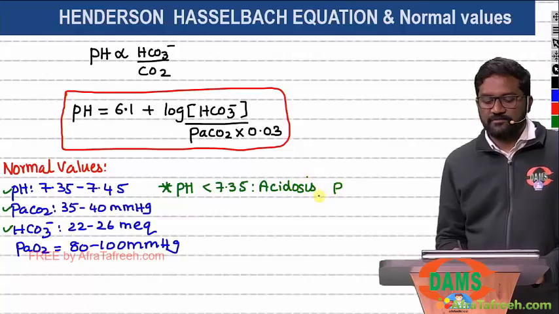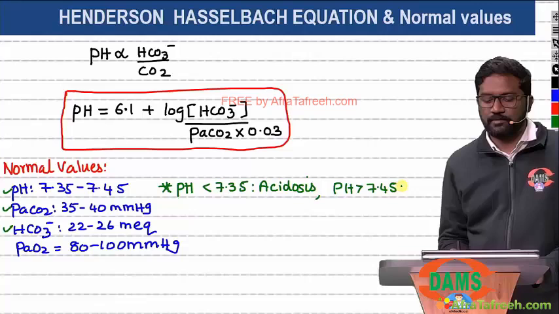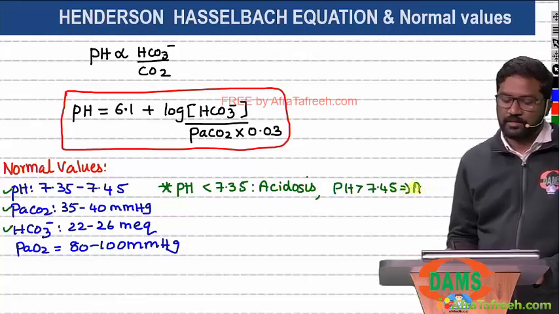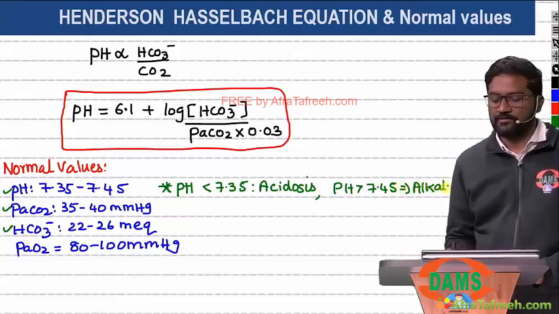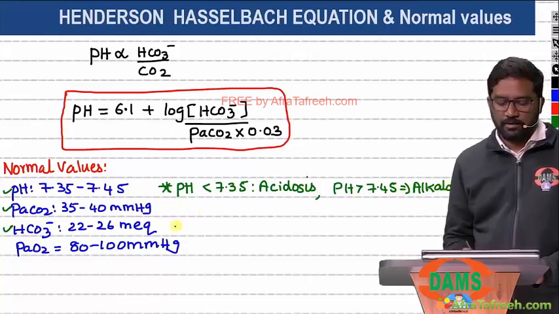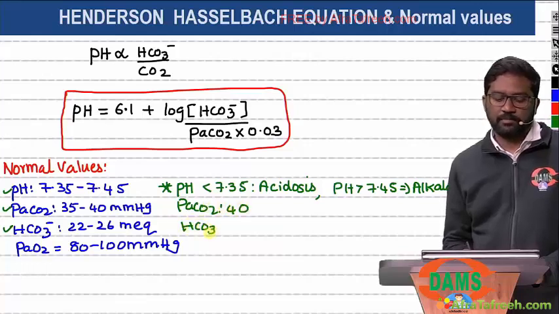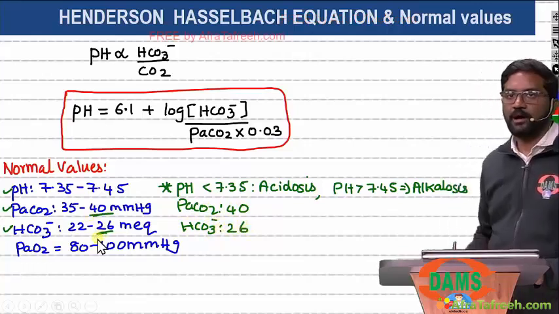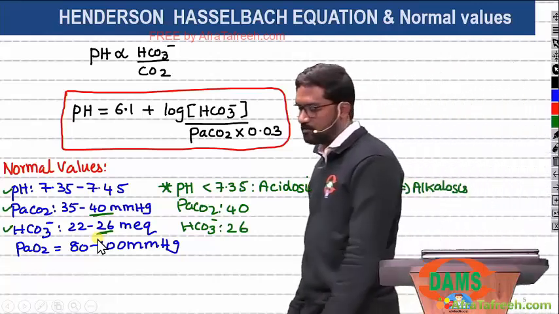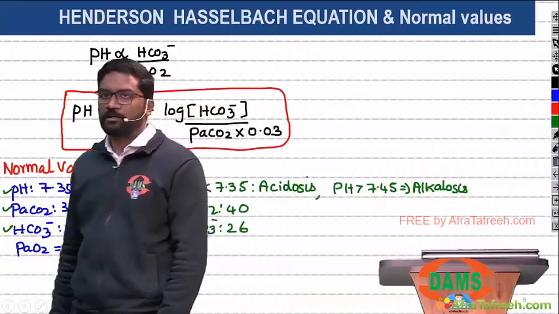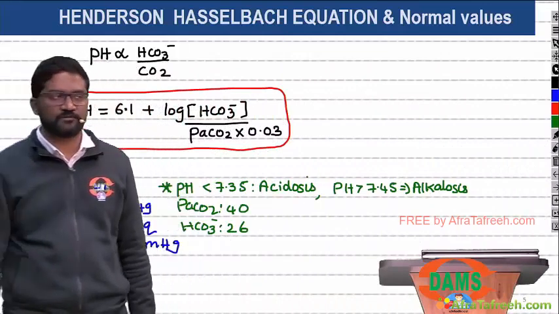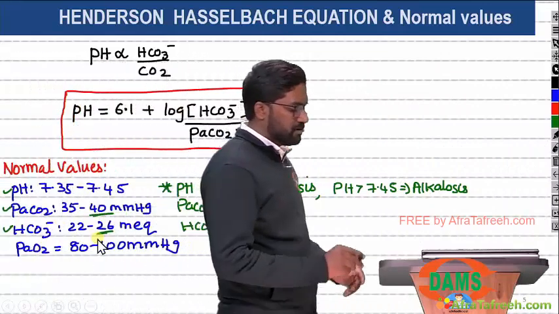Any pH more than 7.45, we will take as alkalosis, and normal CO2 value I will take as 40. Bicarbonate I will take as 26. I am taking the upper limit value. Normal CO2 as 40, normal bicarbonate as 26. Now I'll give you some examples.